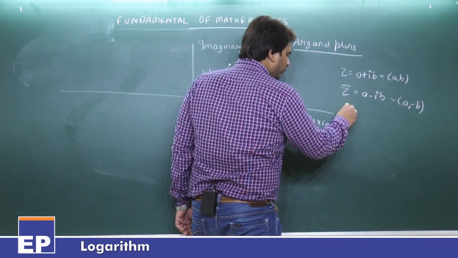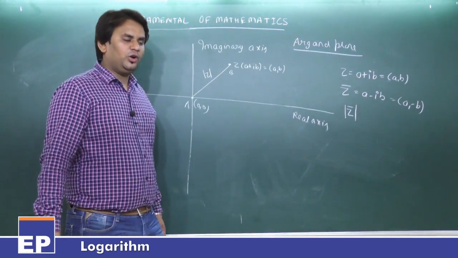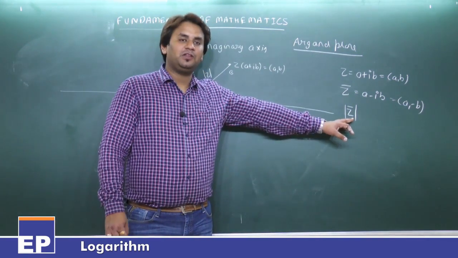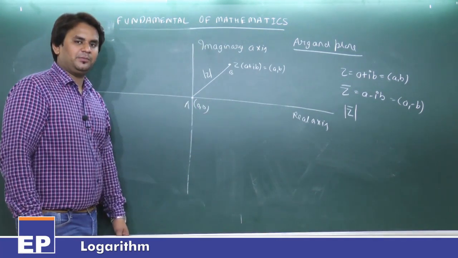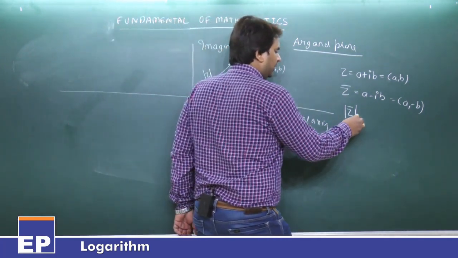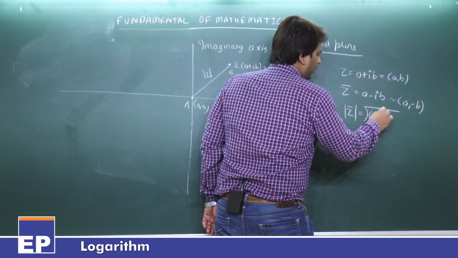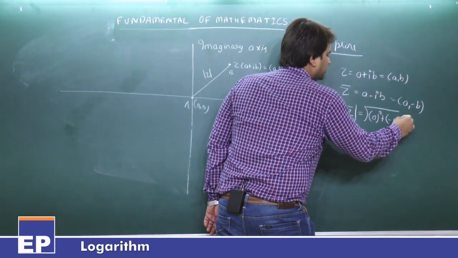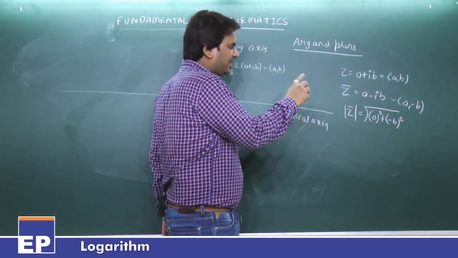Similarly, modulus of z bar means the distance of the complex number z bar from the origin. So it will become the square root of the real part a whole square plus the imaginary part, minus b, whole square.